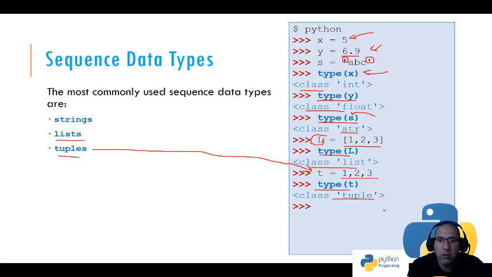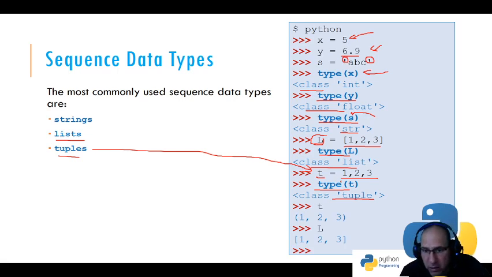We can also print the value of L or the value of t by using the print statement, or if we are using the interactive shell, we just type the name of these variables. So in this case, when I type t or print t, I get these values, and notice the round parentheses.